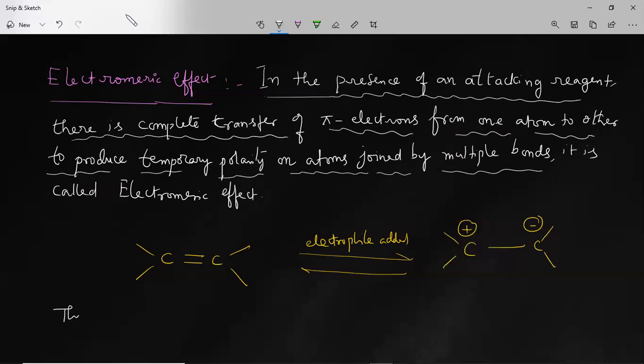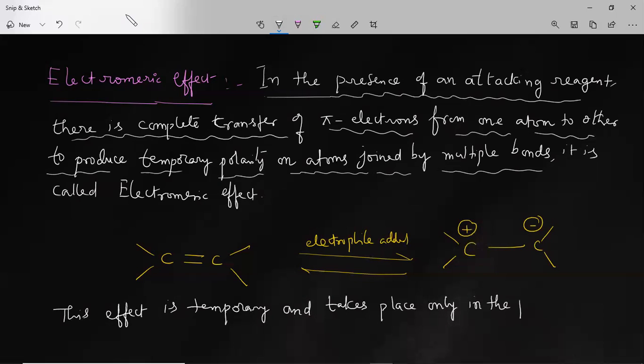So this effect is temporary and takes place only in the presence of reagent.